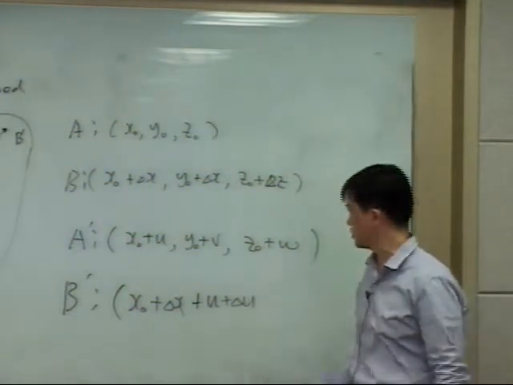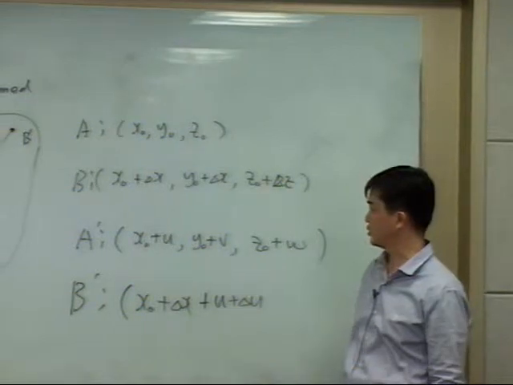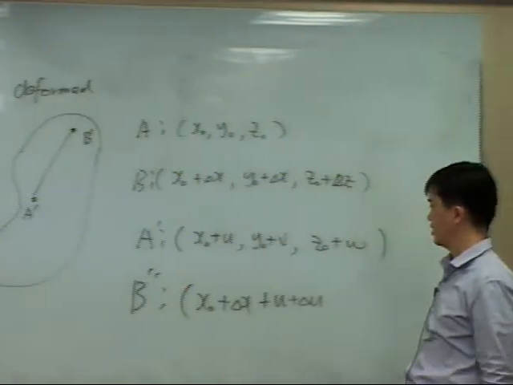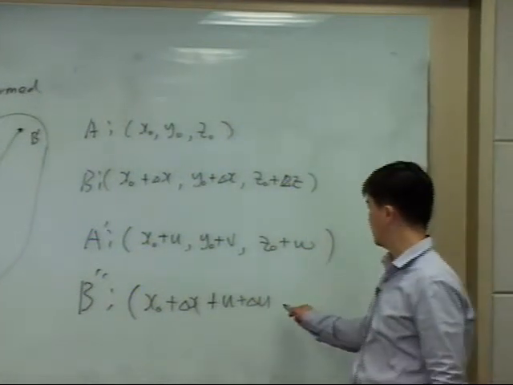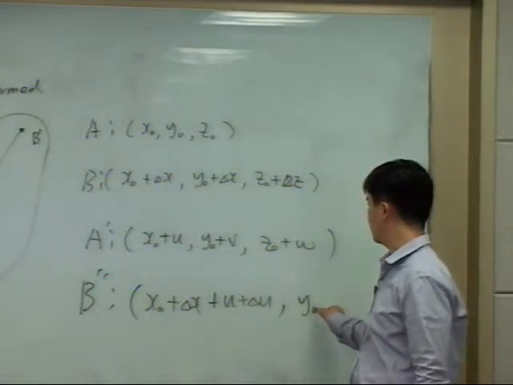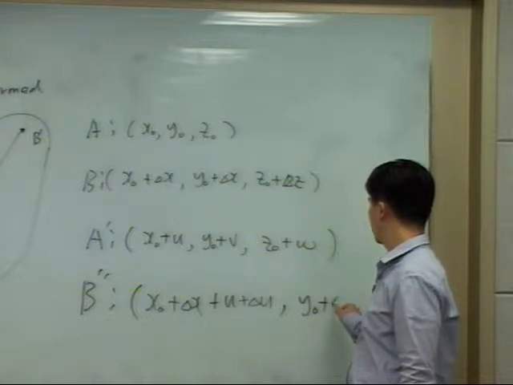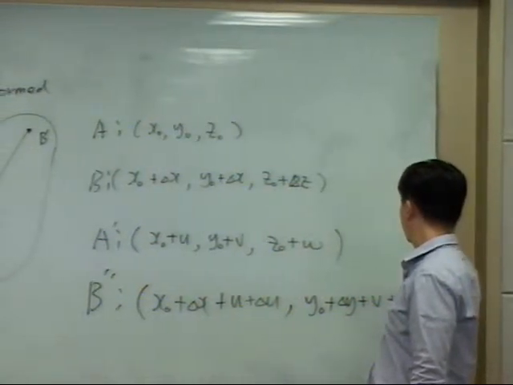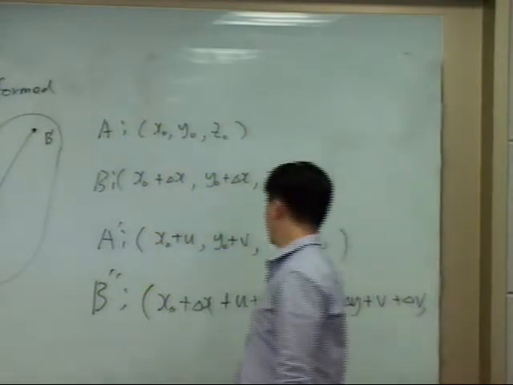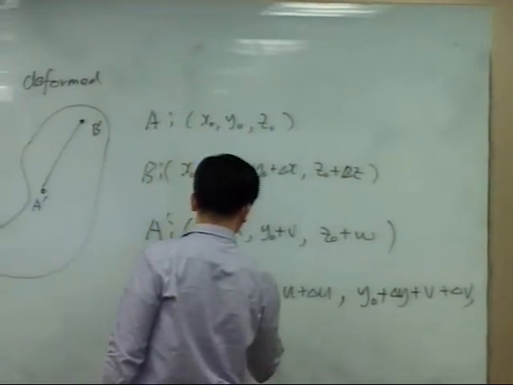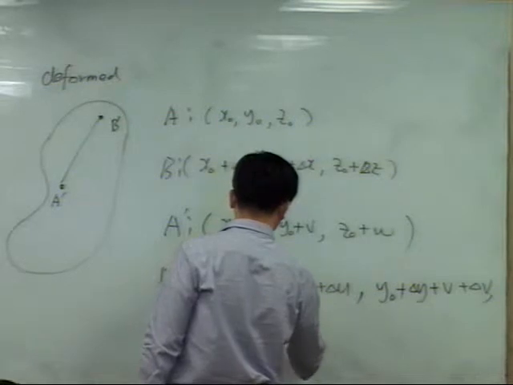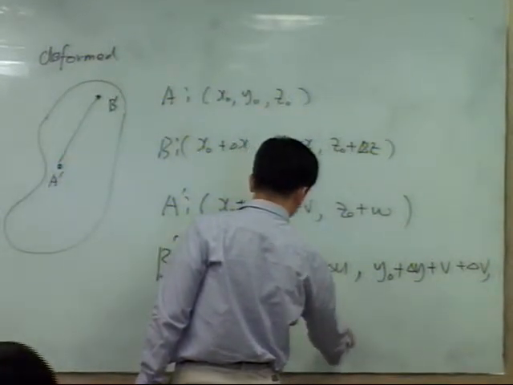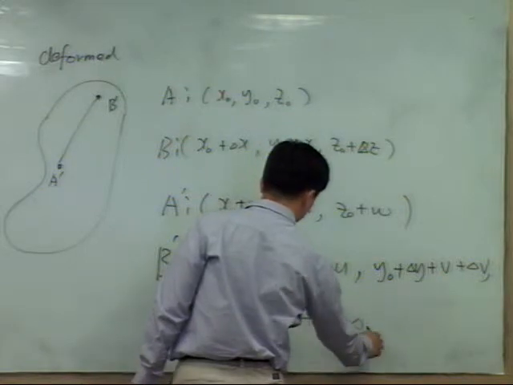This is an additional displacement delta u relative to point A. And in the y direction, y0 plus delta y plus v plus delta v. In the z direction, z0 plus delta z plus w plus delta w.